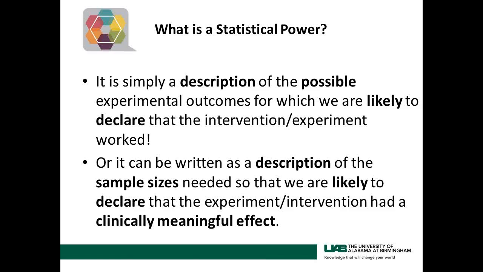Please understand, it is a description. Always think about the power calculation as not really a calculation, it is a description of the possible experimental outcomes for which we are likely to declare that the intervention or experiment worked. We're just using statistics.